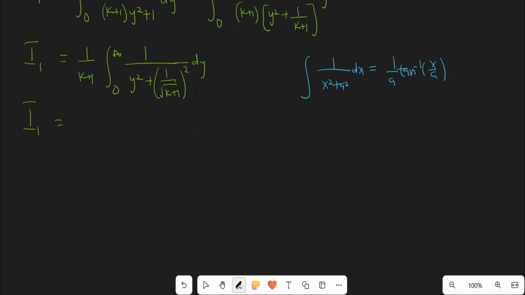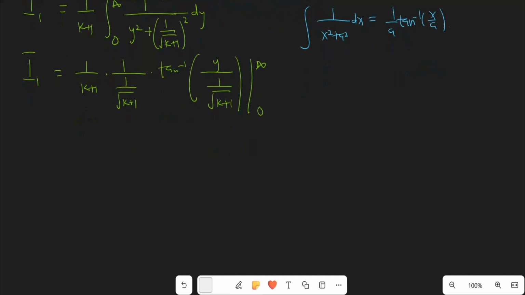So now let's use that to solve this integral. I1 is equal to 1 over k plus 1, and then solving this is 1 over a, where a here is now 1 over the square root of k plus 1. And then we are going to have the tan inverse, or the arctan, of y over a, that is 1 over the square root of k plus 1, with the limits of integration from 0 to infinity.